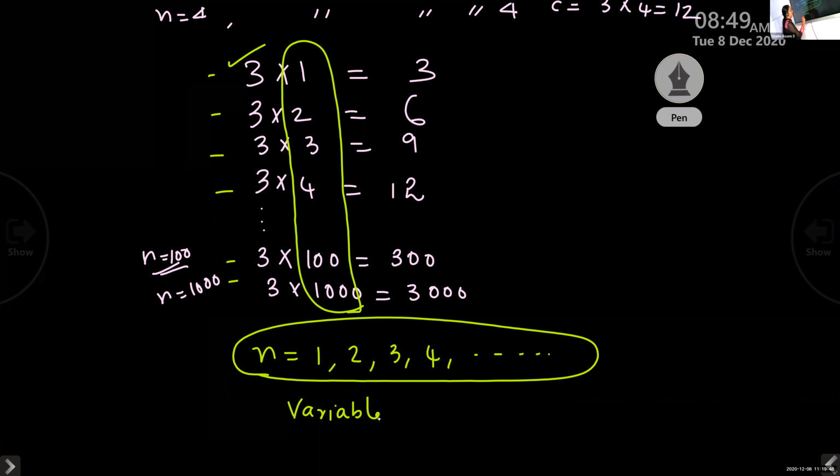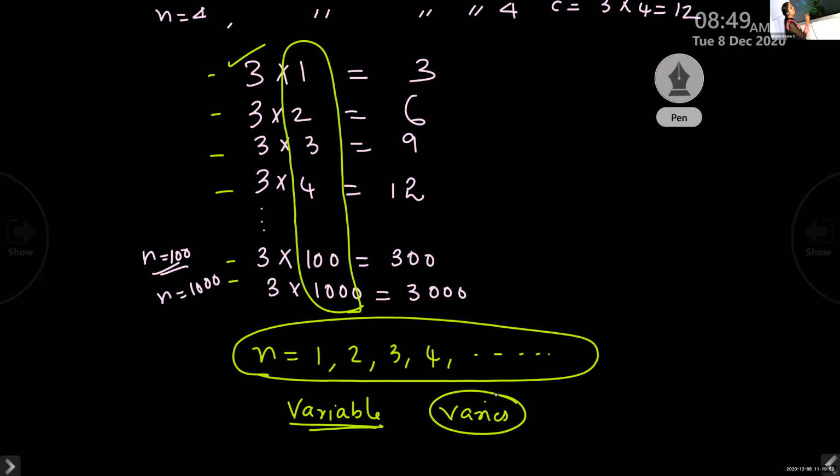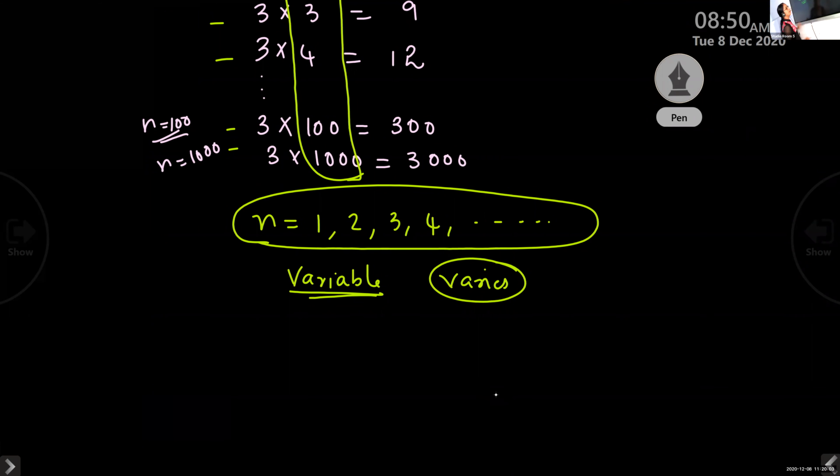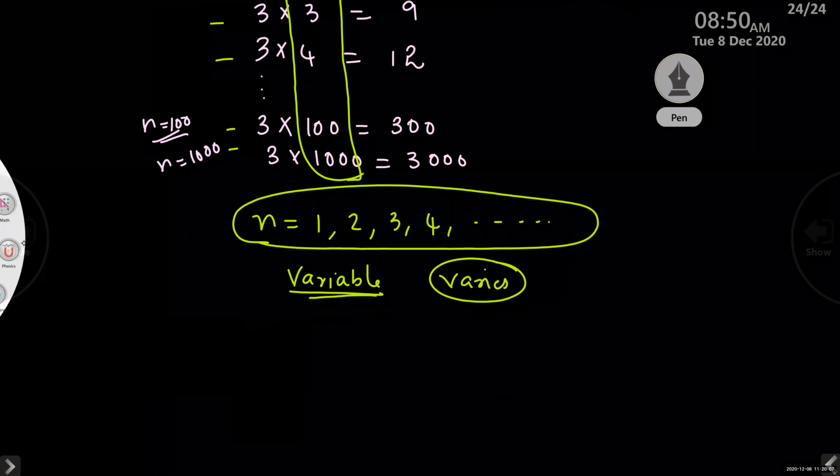Variable means its value varies. It is not a fixed value. Varies means changes. When we give 1, 2, 3, 4, etc., different values for n, no? So it is known as a variable.